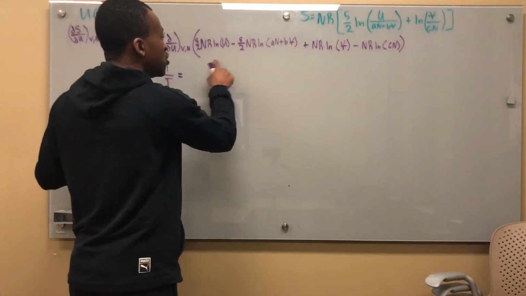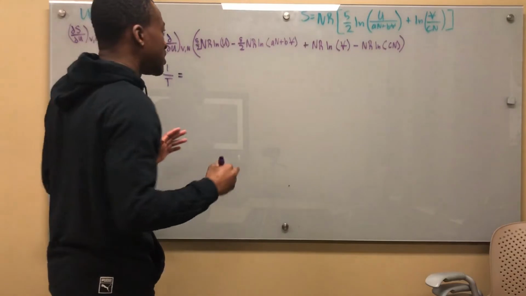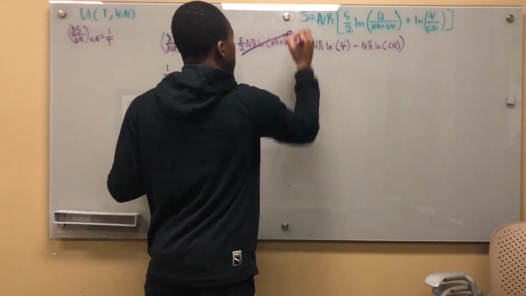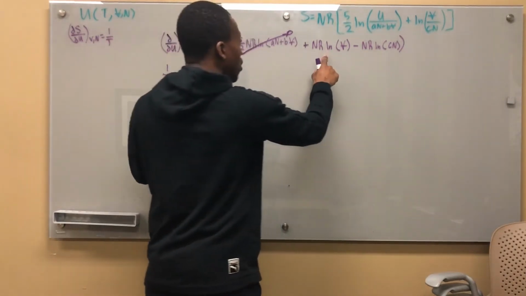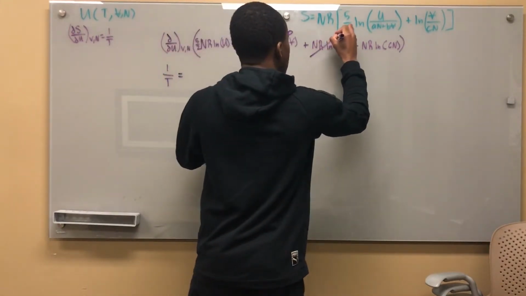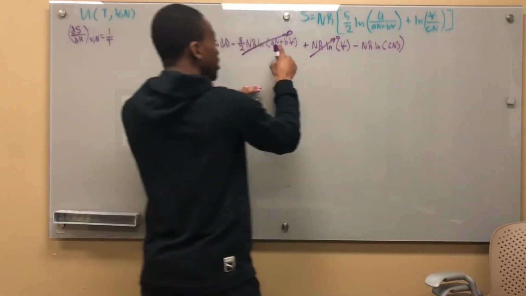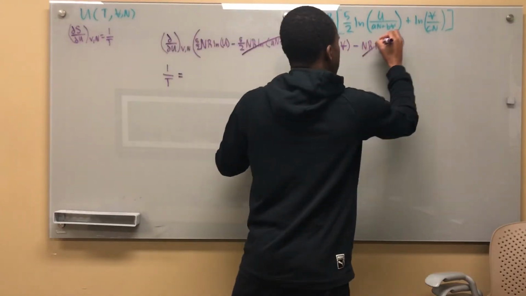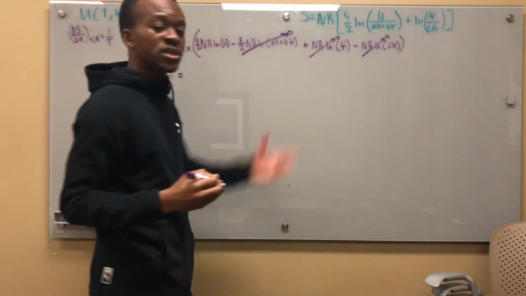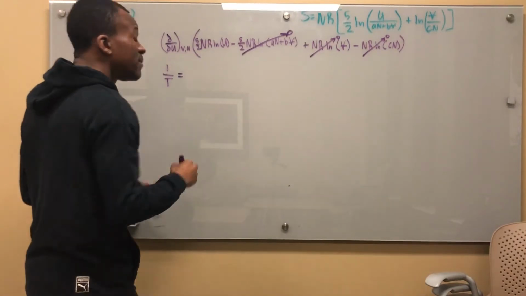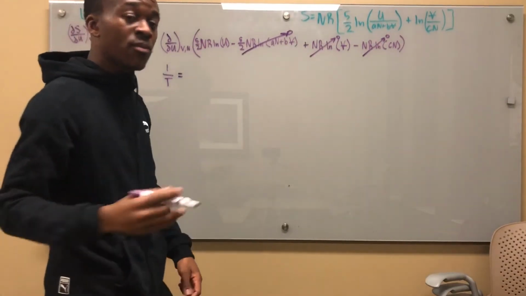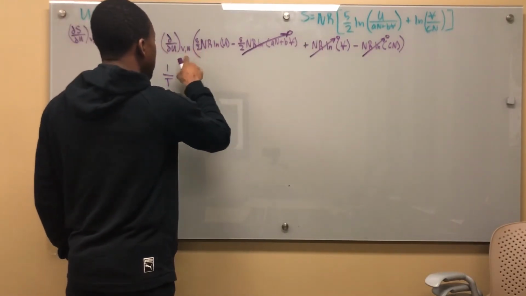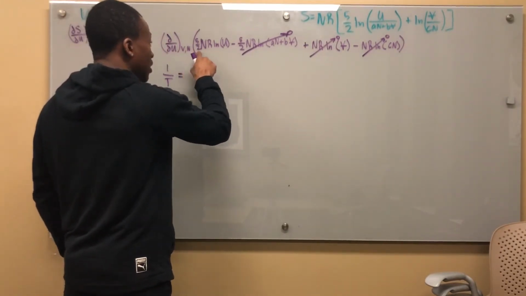So this has a U, so I can't just cross that out to 0. However, this doesn't have a U, so the differential there is equal to 0. The differential of this whole thing is equal to 0, and these are all with respect to U, because we don't have U inside there. That means that I only have to differentiate this to come up with my concept for U. So I'm going to pull this whole thing out because N is a constant, R has already been given to us as a constant, that's just a number.